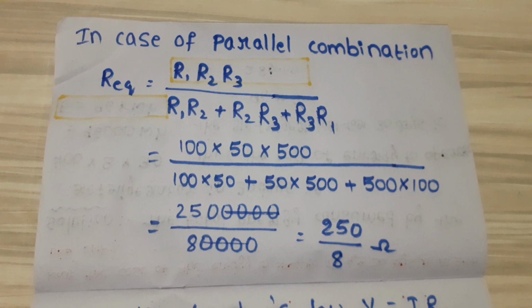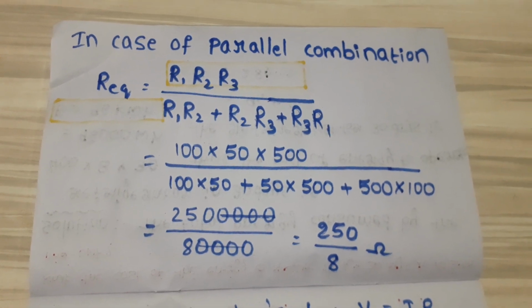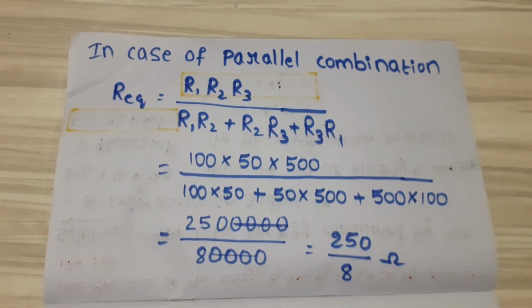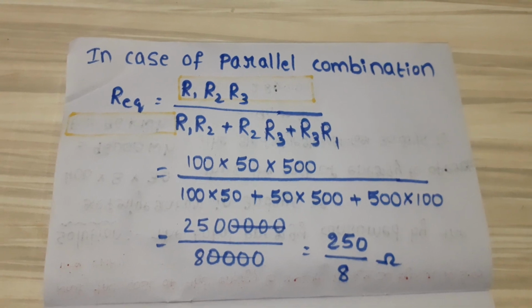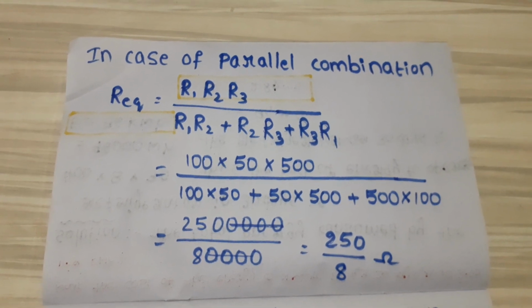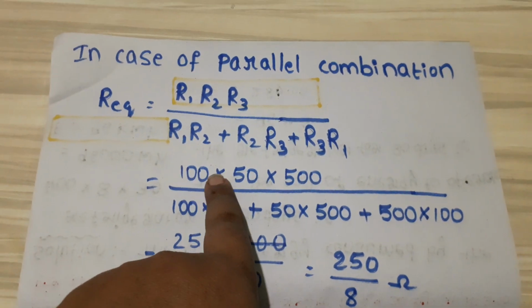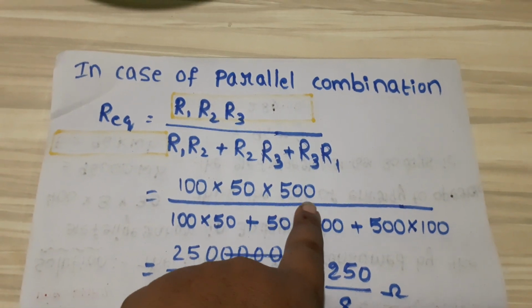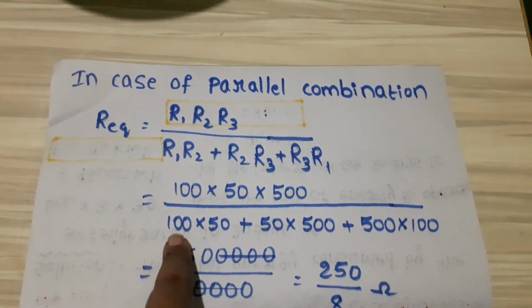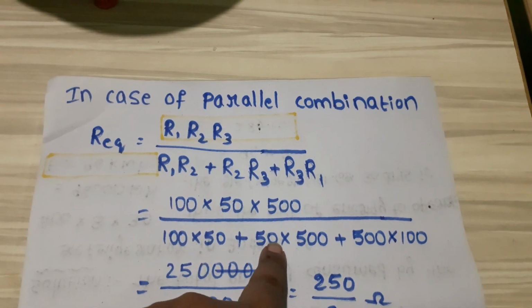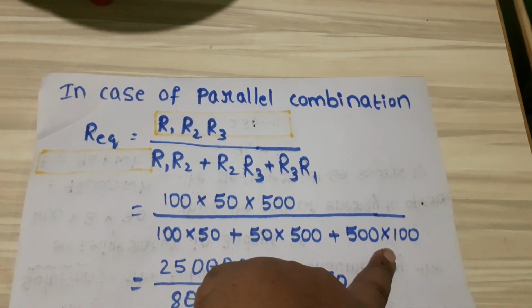There are three resistances given, R1, R2, R3. We have to substitute the values in the formula. R1 is 100 ohms, R2 50 ohms, R3 500 ohms, in R1 R2 plus R2 R3 plus R3 R1.